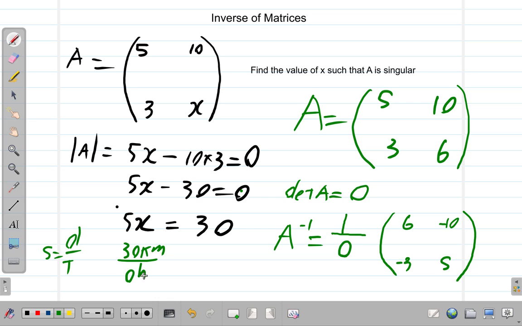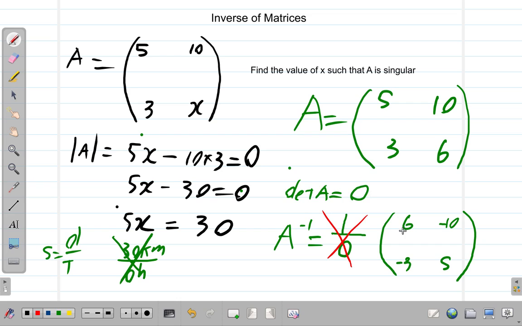That's impossible. You cannot move from here to somewhere else in 0 time. So this makes no sense. Your speed would have to be infinite. It cannot happen. So dividing a number by 0 is indeterminate. It's undefined.